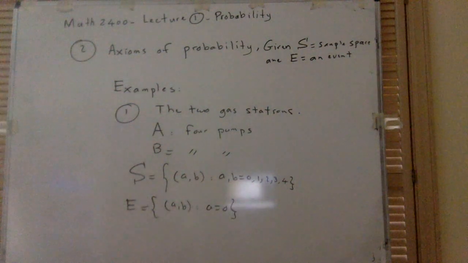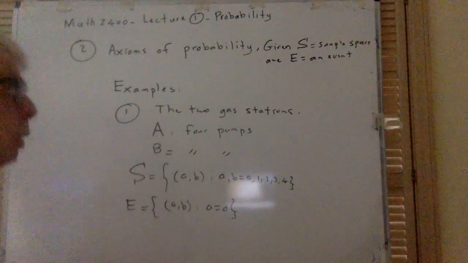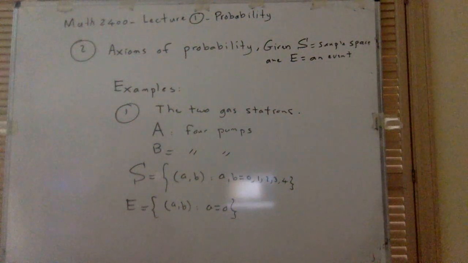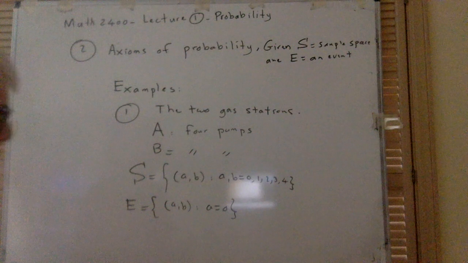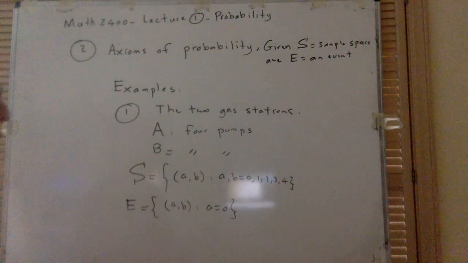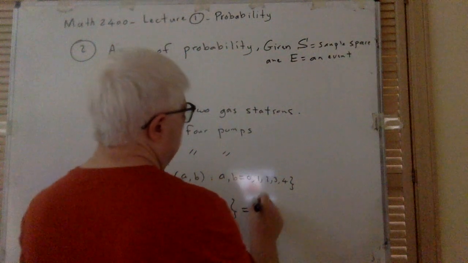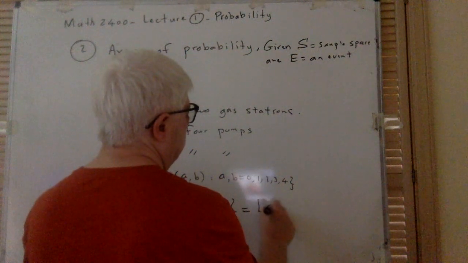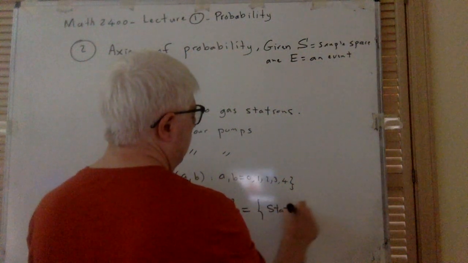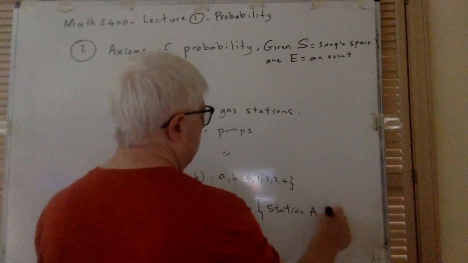Which means, if I observe the gas stations at a certain point in time, what is the probability that gas station A is empty? So in words, this means the probability that gas station A is empty.